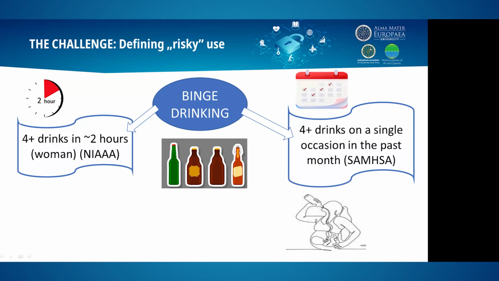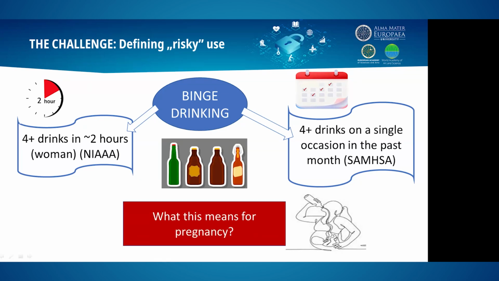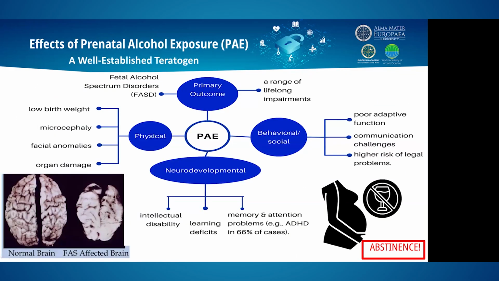And these inconsistencies make it very difficult to compare studies and create uniform clinical guidelines. This uncertainty is amplified during pregnancy. While researchers grapple with these definitions to study the effects, the only consistent, safe recommendation for pregnant women is very simple. It is abstinence.